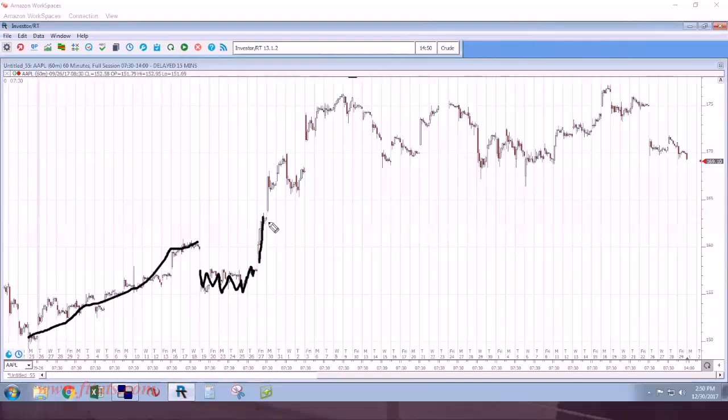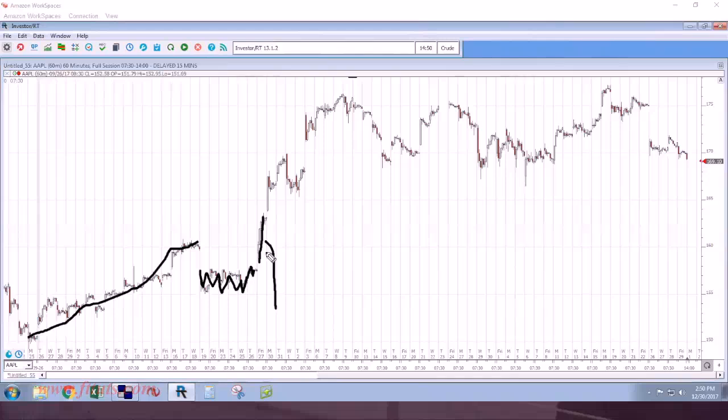Now, at first, you don't know if this thing's going to continue or not. You don't know. So it could be a test. Now, if this had rejected and come back the other way, that would say we tested this direction, couldn't go that direction, and now we're coming back to an area that we rested.